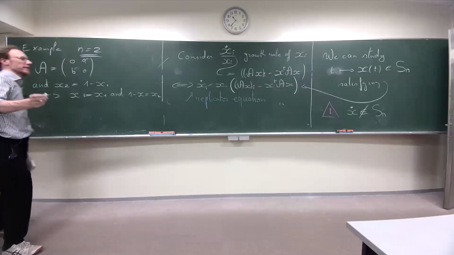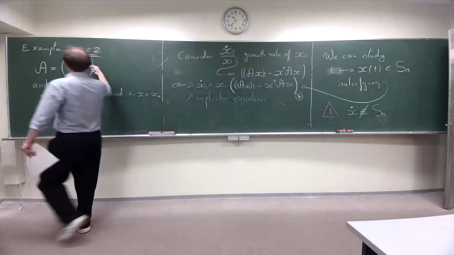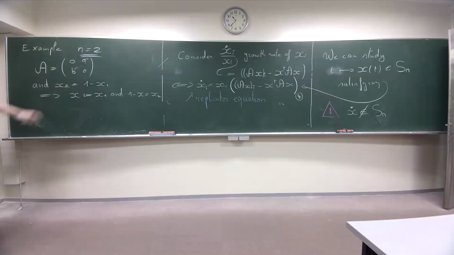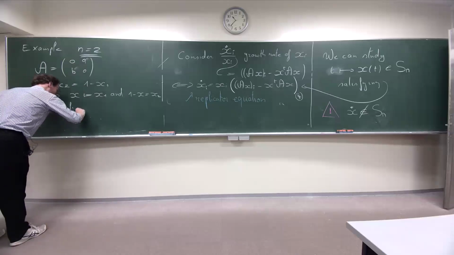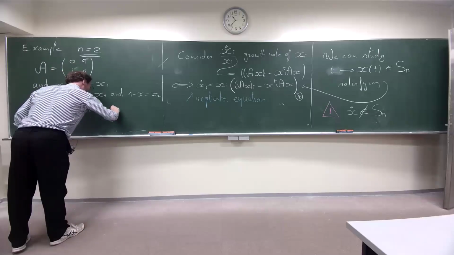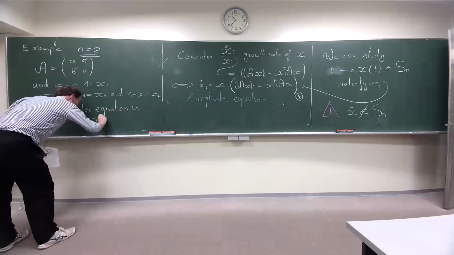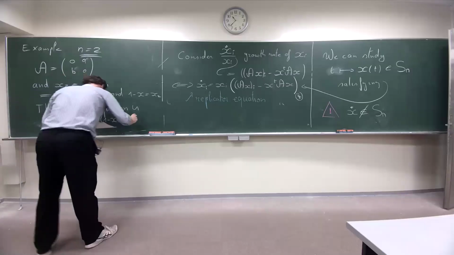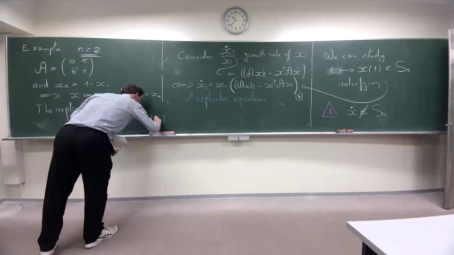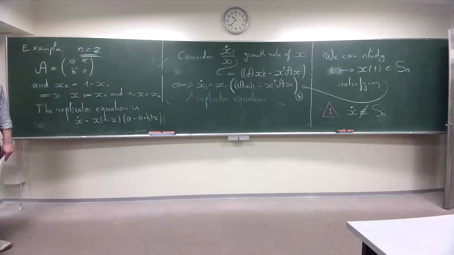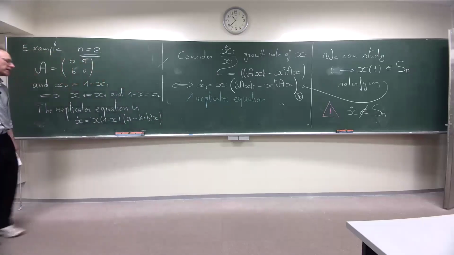And if I use a matrix A of this type, and if I use this relation between x1 and x2, the replicator equation in this special case is x dot equals x(1 − x)(−a + (a + b)x). So this is the most general equation of this type for n equal to 2.